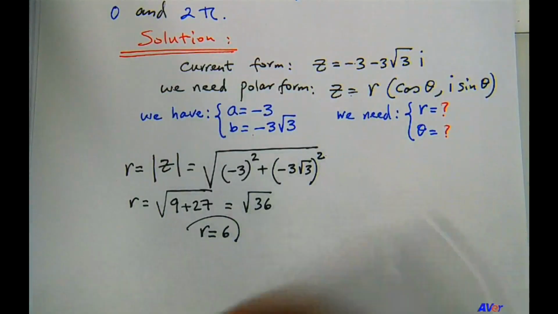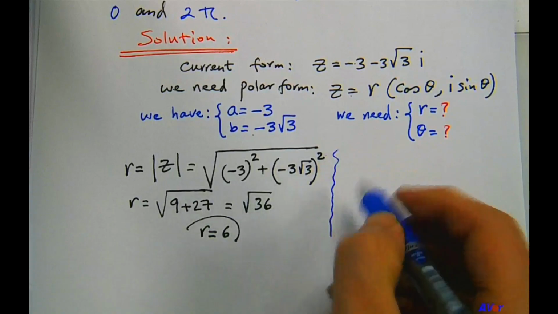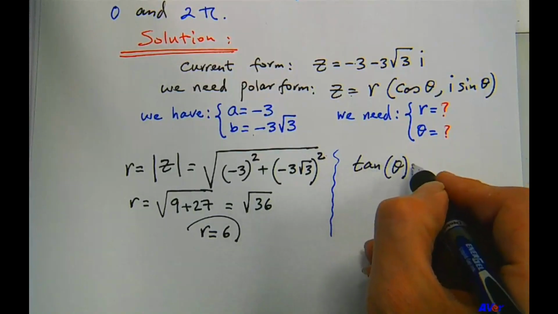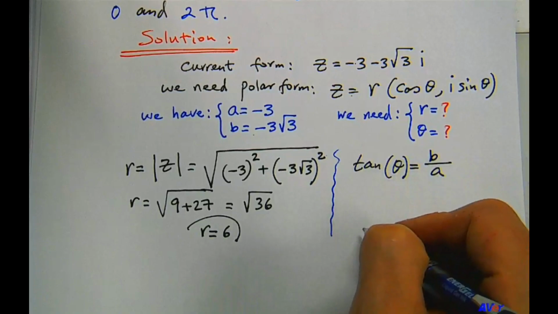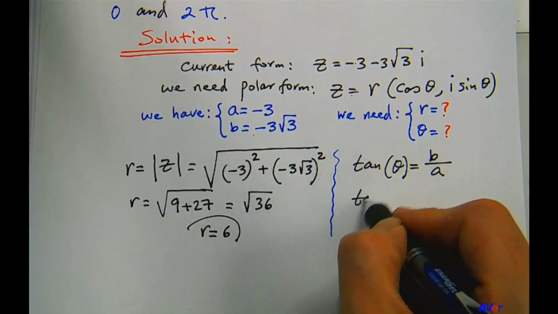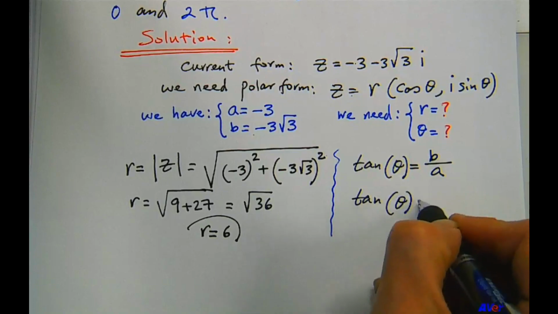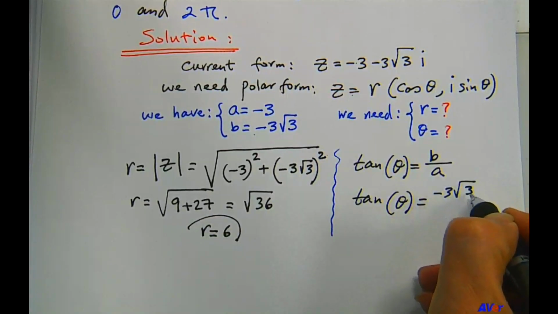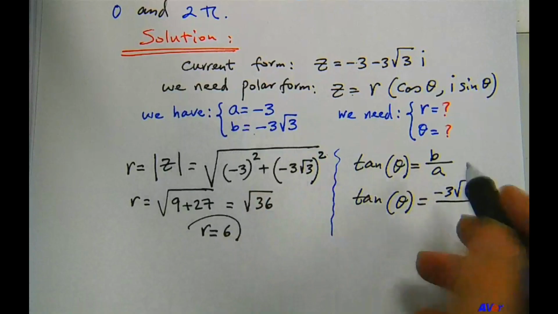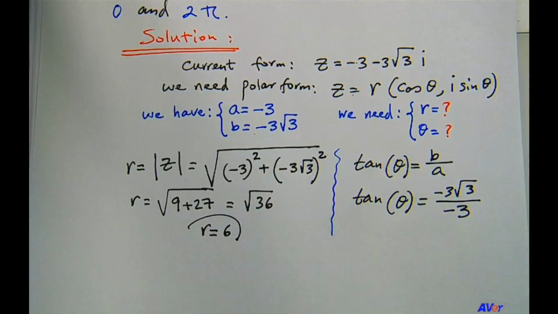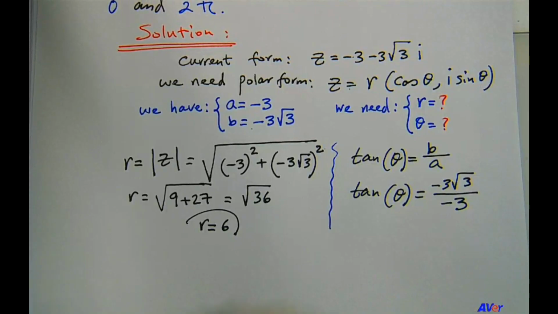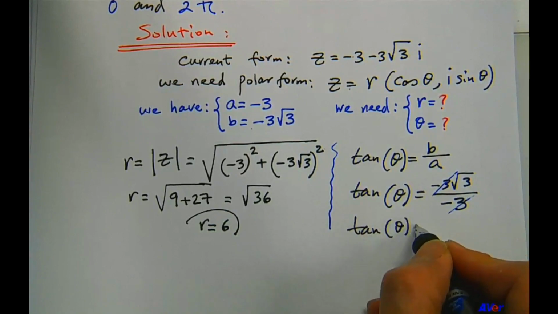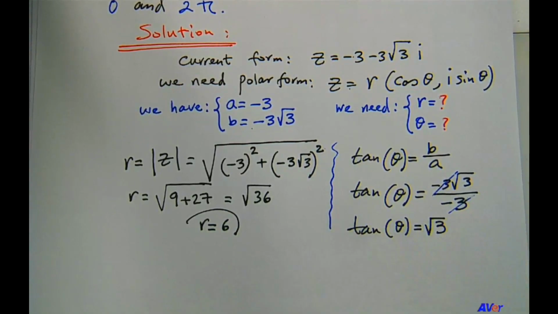Tangent of theta equals b, which is minus 3 square root of 3, divided by a, which is minus 3. The negative 3 and negative 3 cancel out. Tangent of theta equals square root of 3.